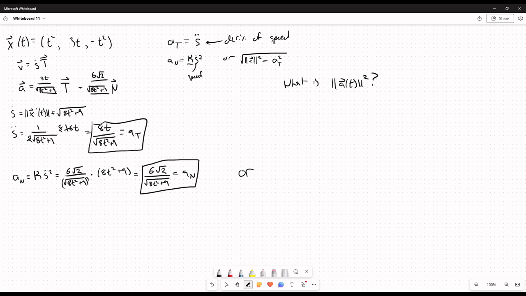With that, we should start by finding acceleration, which is the second derivative of our path. The first derivative of our path, if you remember, was 2t, 3, negative 2t. So acceleration is just going to be 2, 0, negative 2.